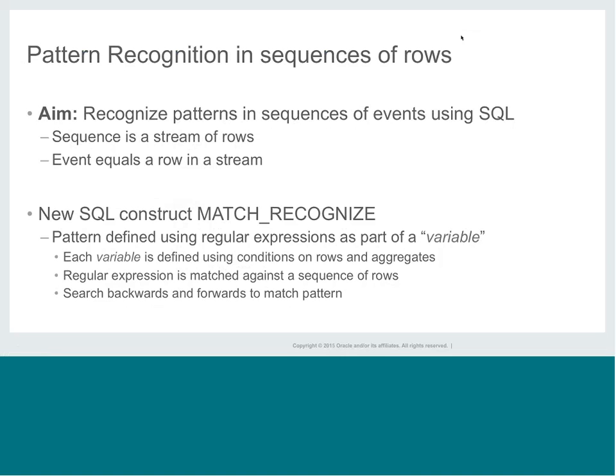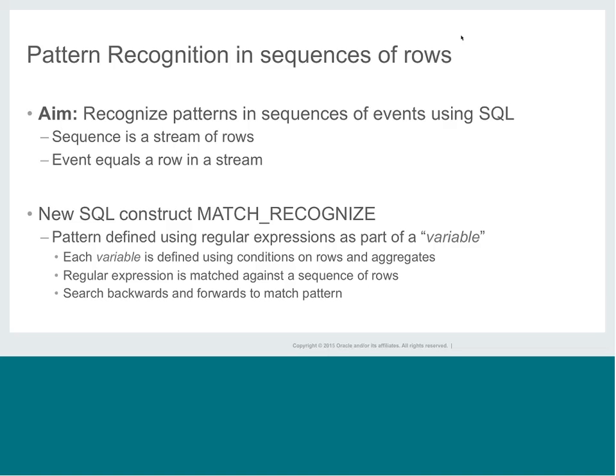And although we have constructs today, such as regular expressions, that allow you to look inside a column within a row and find specific elements, what we really need to do now is go beyond that one column and go across the whole row, but also go backwards and forwards when we're searching for patterns.